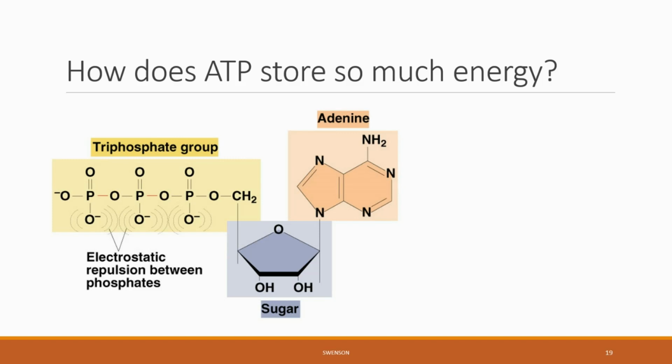These oxygens cause what is called electrostatic repulsion between the phosphates because of these charges, and therefore make it easy to break a bond and release the energy of the bonds between phosphates. So highlighted in red, the bond between one phosphate group and the next can be broken at the end quite easily to release the energy.